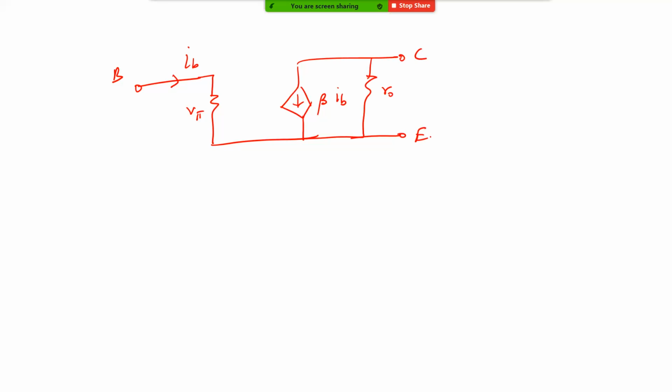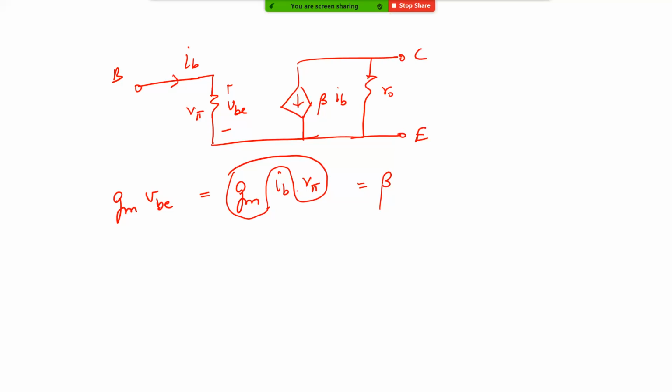So this follows very easily because the dependent current source value we said was Gm times VBE. Now VBE can be written as what? IB into R pi. This is the way we can define small VBE. Now we know that from our discussion yesterday, this Gm R pi can be written as beta, and therefore we can say that this is equal to beta times IB.